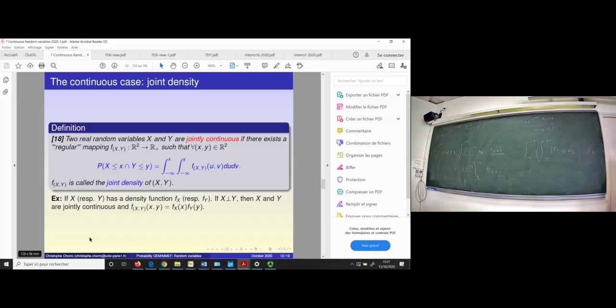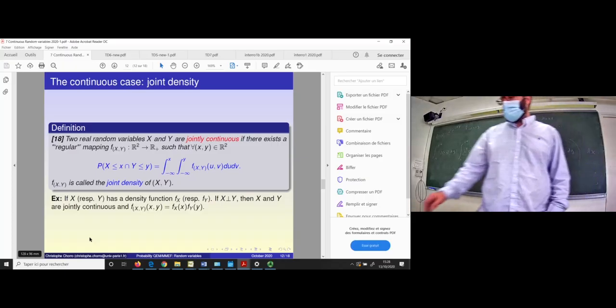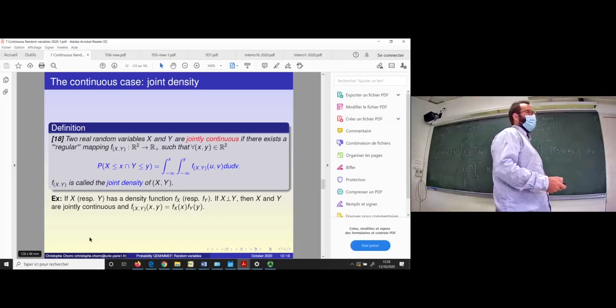Two real random variables x and y are jointly continuous if there exists a regular mapping such that the probability that x is less than small x and y is less than small y is equal to the double partial integral of the mapping small f capital X capital Y, that is called the joint density of the pair.